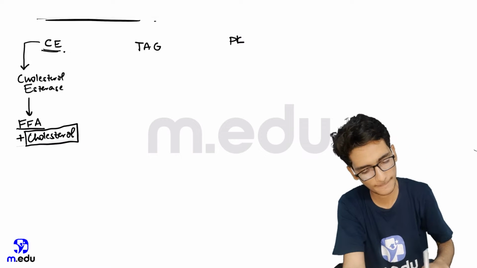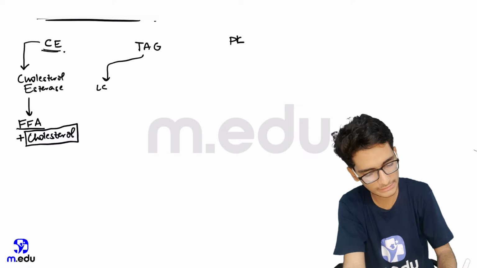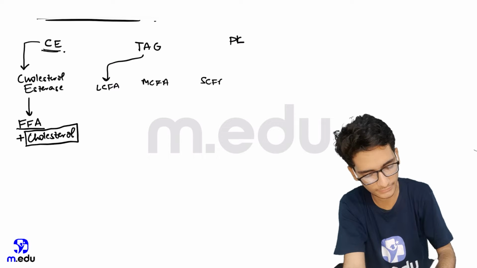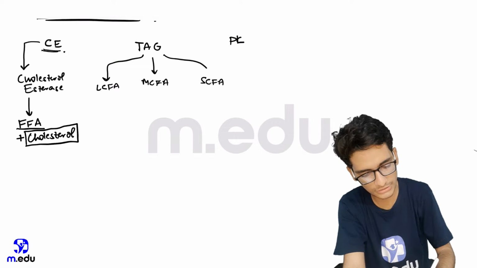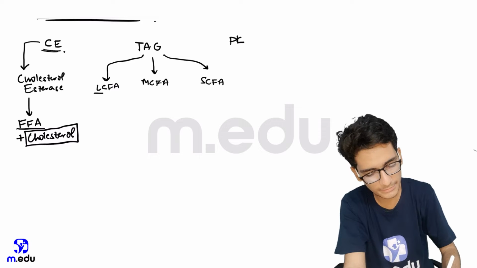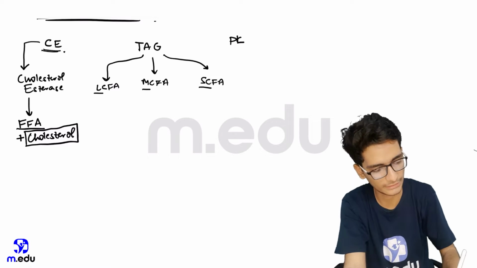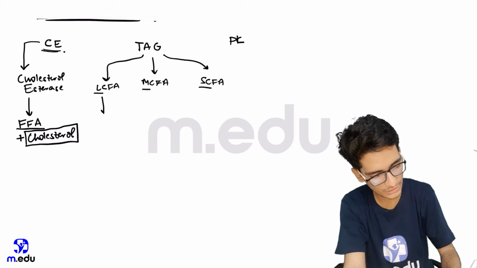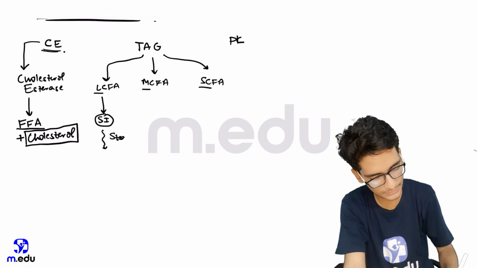For TAG we have three types: LCFA, MCFA and SCFA. Long chain fatty acids, medium chain fatty acids, short chain fatty acids. For long chain, digestion takes place in the small intestine itself, and the enzyme required is steapsin.